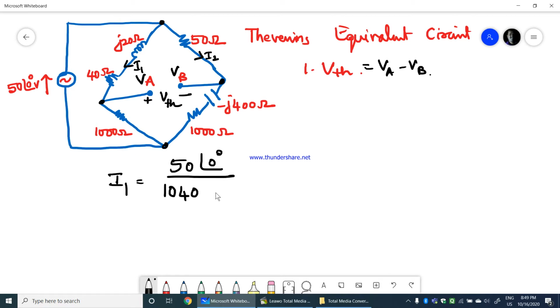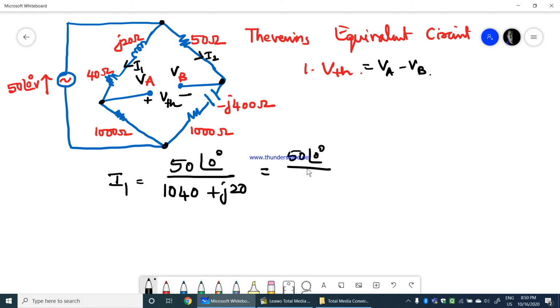1040 plus J20. If you solve this by converting to polar, what do I get? 50 at an angle 0 degrees. I'll just use the calculator here: 50 at an angle 0 degrees divided by shift polar of 1040 comma 20.